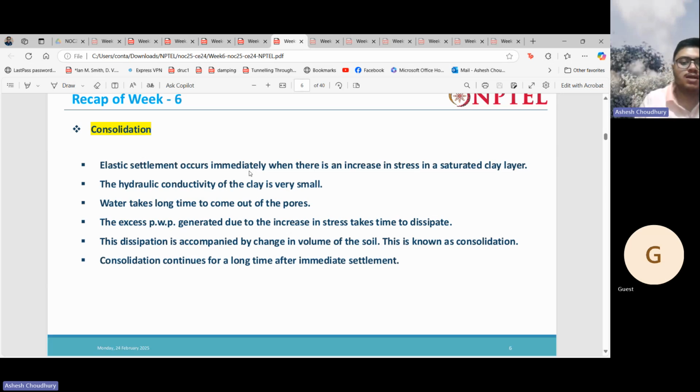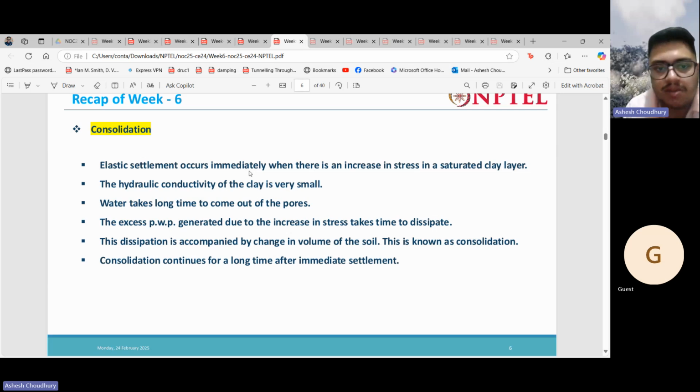Water will drain out from the soil, and due to that there is some volume change, and the resulting settlement is known as consolidation. Elastic settlement occurs immediately after the application of loads, but consolidation settlement takes time.